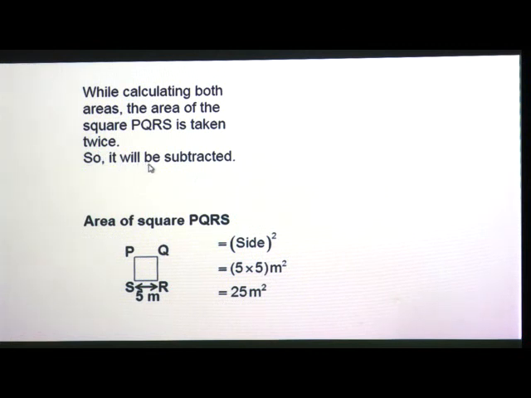So, it will be subtracted. So, what is the area of the square PQRS? It is side square. So, what will that be? 5 into 5. What is the width? 5 into 5. Again I will show you which part this is. 5 into 5 is 25 meter square.